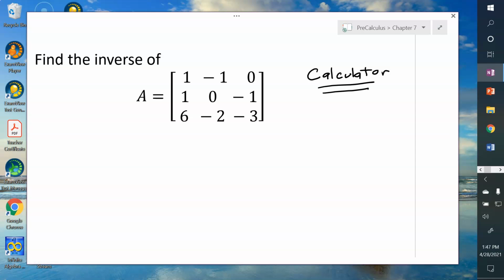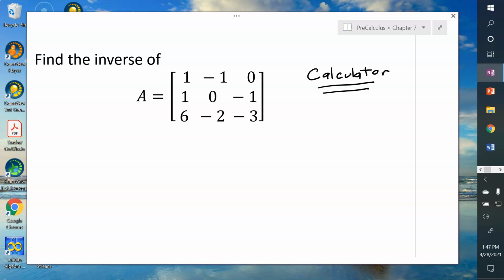So I'm going to go back into matrix. I'm going to go to edit. I'm going to go ahead and change matrix A. And this time make it a 3 by 3. And on your screen, you should see 3 rows and 3 columns ready for your numbers.